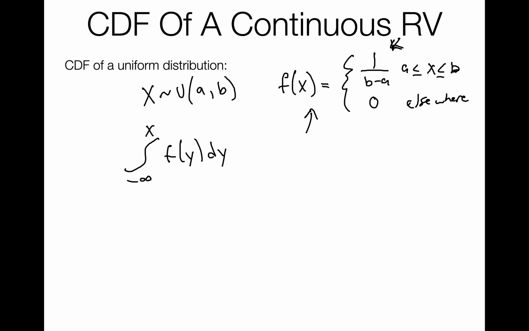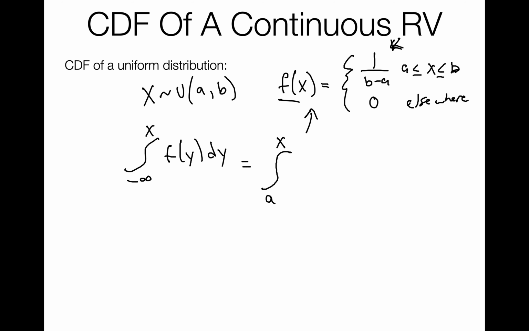So we have our function f, and then we have our bounds, negative infinity to x. Let's simplify and substitute. Because x is defined only on the interval a to b, really the integral that I'm taking here is from a to x.